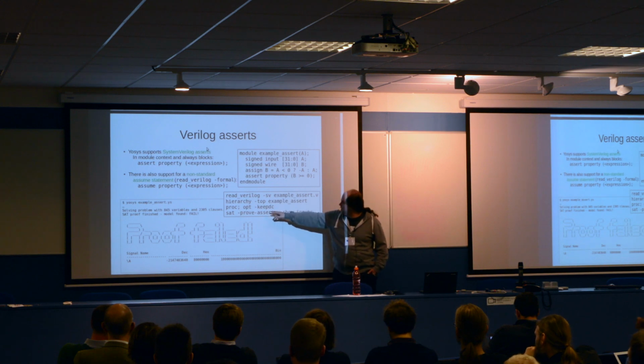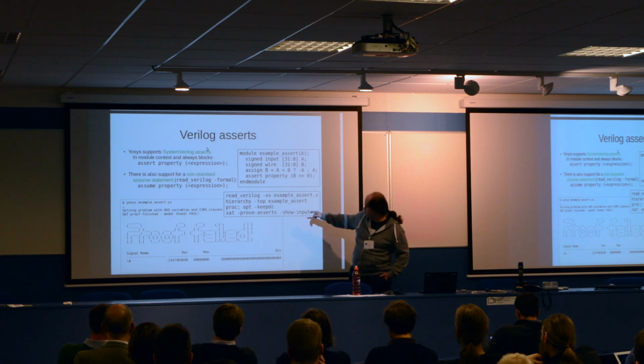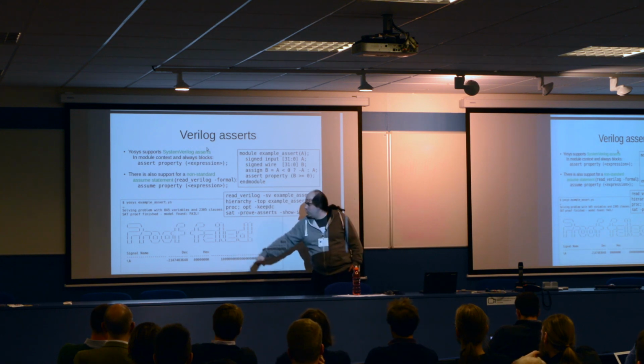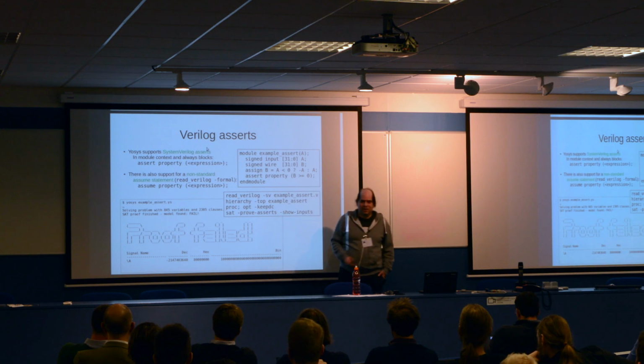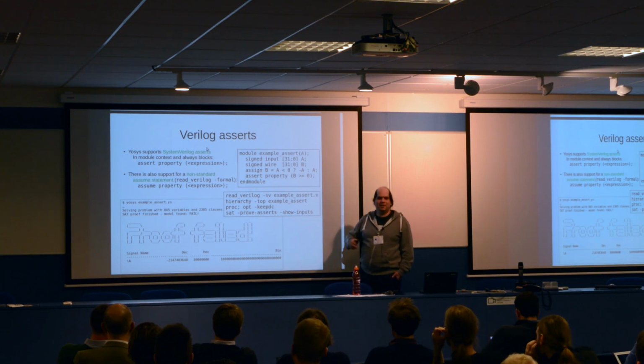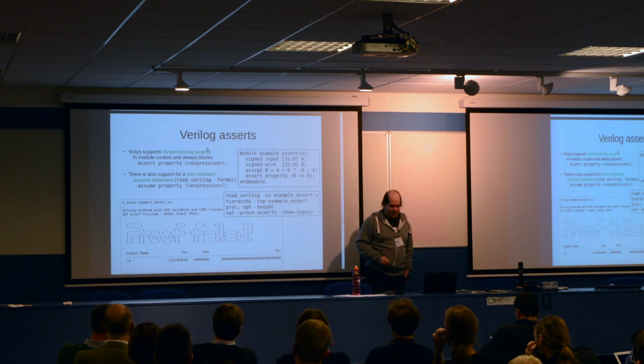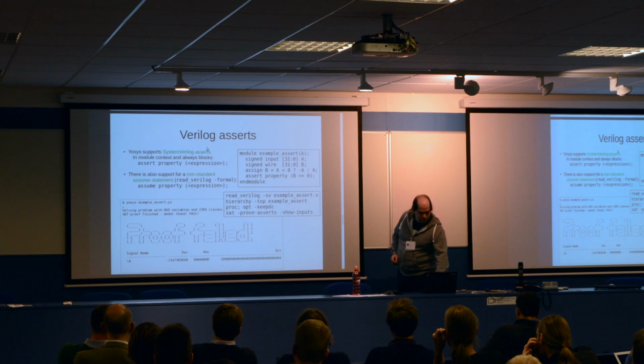And then I use the sat command to prove all asserts in this design, and then it comes back and tells me that I'm stupid, because when you have the smallest negative number in a signed integer, then you can invert it and it's still the smallest negative number in the integer. So my assert actually looks wrong.